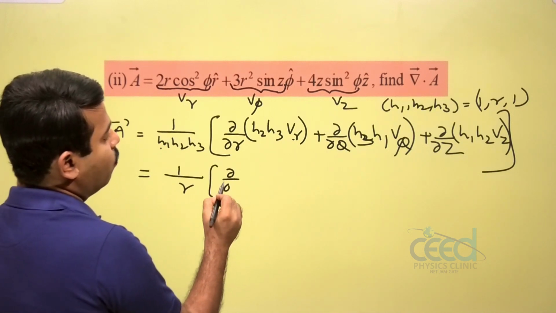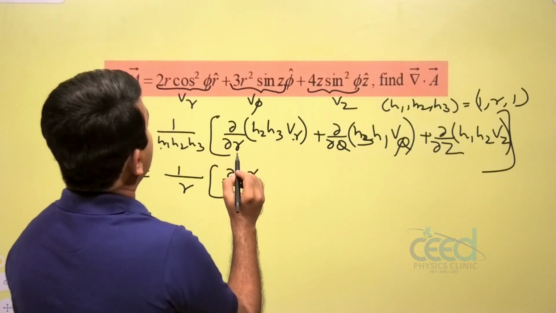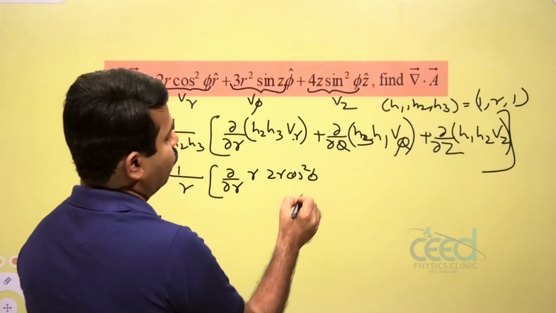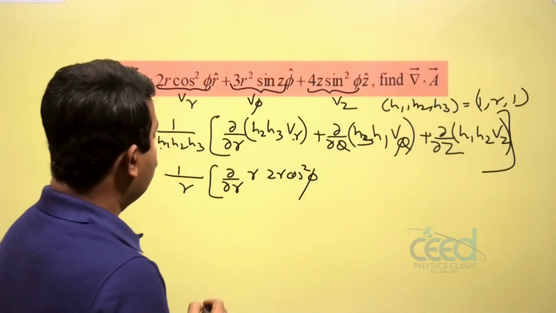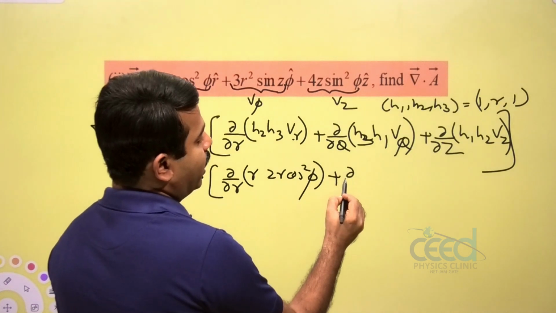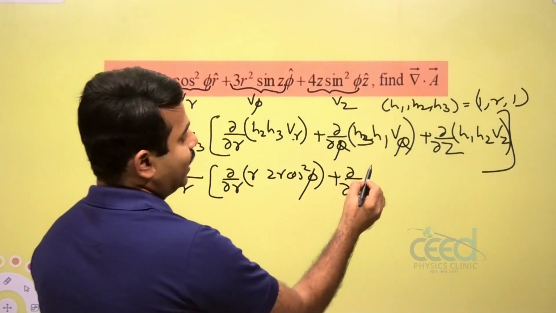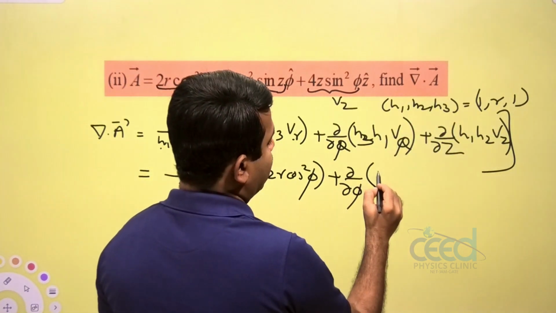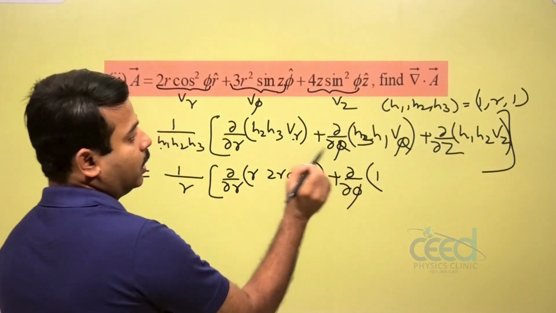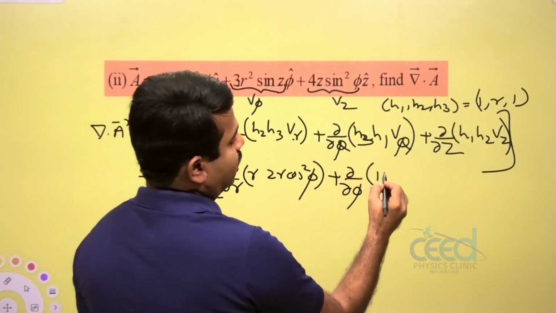Dou by dou r of h2 into h3, that is r into Vr, which is 2r cos square phi. Now plus dou by dou phi of h3 h1, that is 1, and V phi, what is V phi? 3r square sin z.